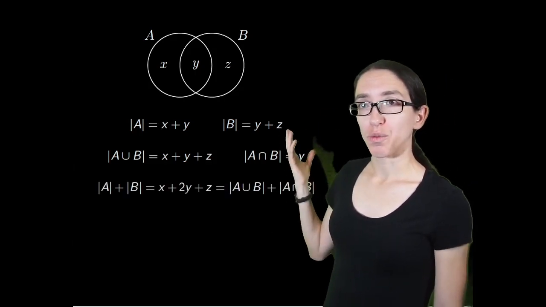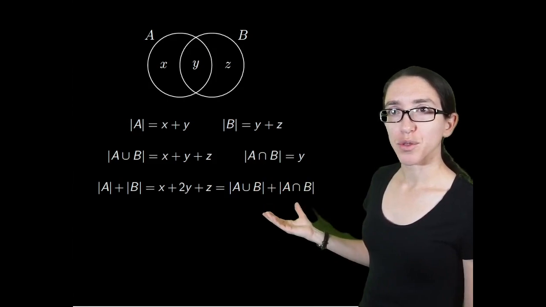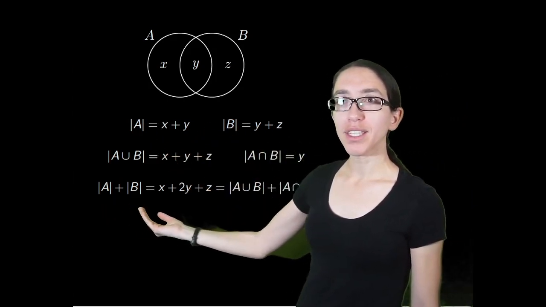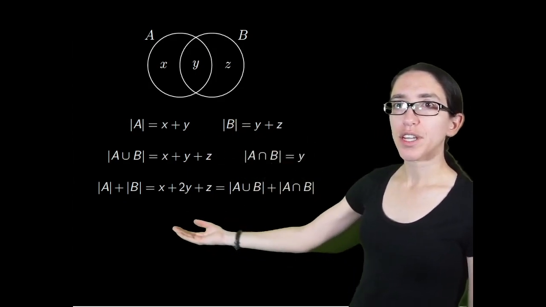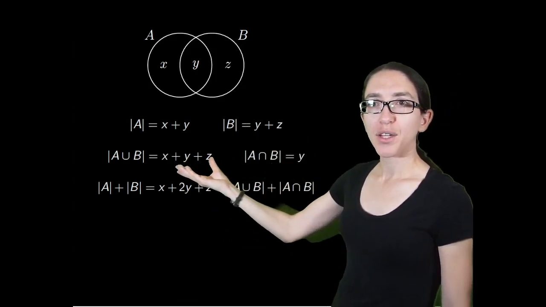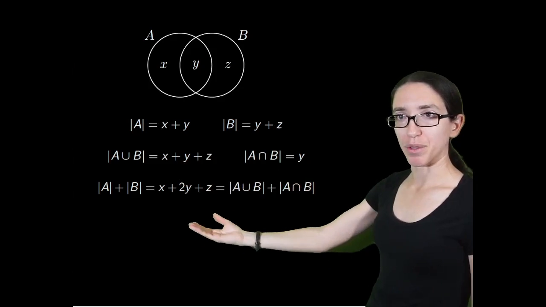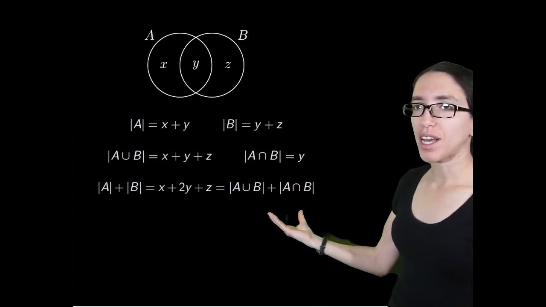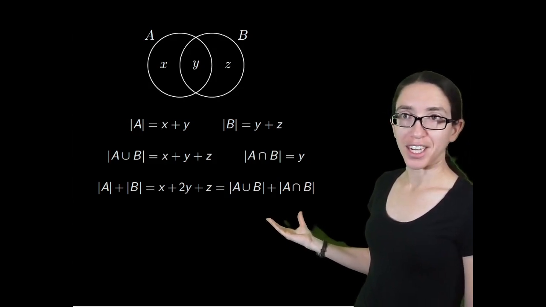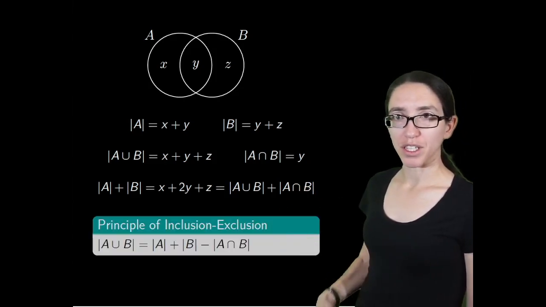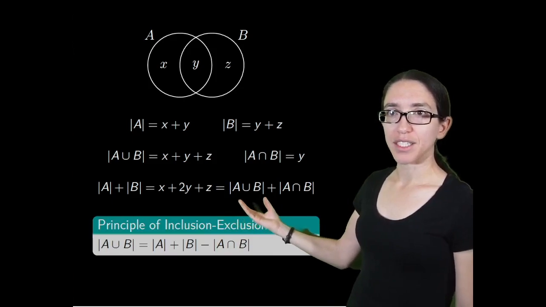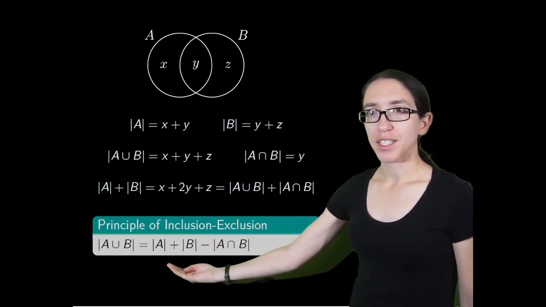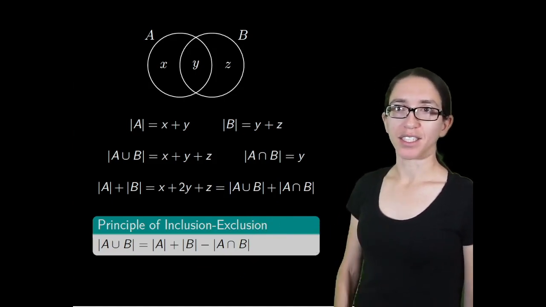If you generalize what we did on the previous page, we'll notice that there's a relation between these four set sizes. The size of A plus the size of B, if you add them together, you'll get X plus 2Y plus Z. And if you add these two together, the size of A union B and the size of A intersect B, you'll also get X plus 2Y plus Z. So we get this equation: size of A plus size of B equals size of A union B plus the size of A intersect B, which leads to the principle of inclusion-exclusion, which says the size of A union B, if we solve this equation for this element, is the size of A plus the size of B minus the size of the intersection.